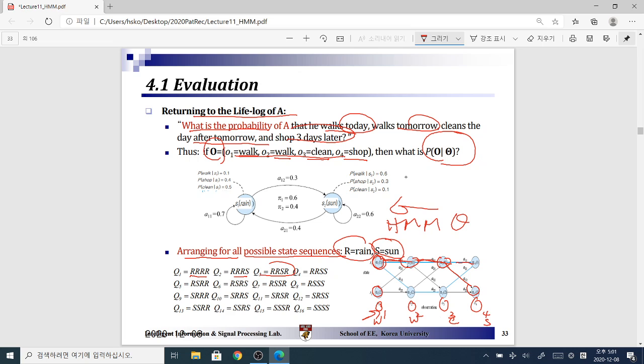And so many of these variations, right? Rain, rain, sunny, and then rain. Counting all these possible state sequences, as you can see, there are 16 possible state sequences that could produce these observations: the first day being walk, the second walk, the third clean, and the fourth shopping.